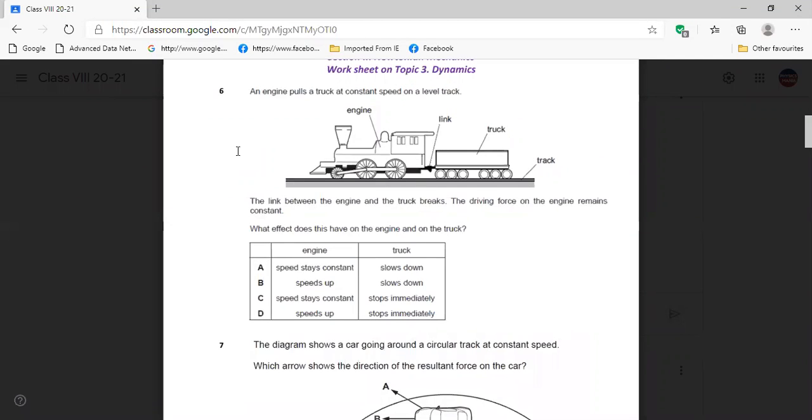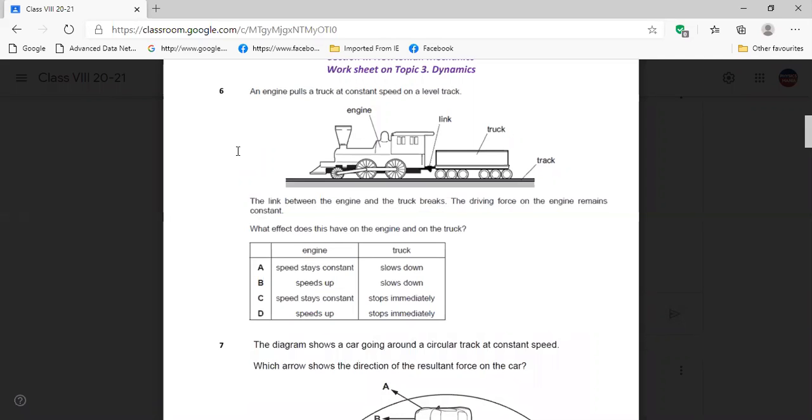So when the weight is now less for the engine, if it has the same driving force as before, then of course it will now go with greater speed, isn't it? Okay, sir. So for six, the answer will be A.